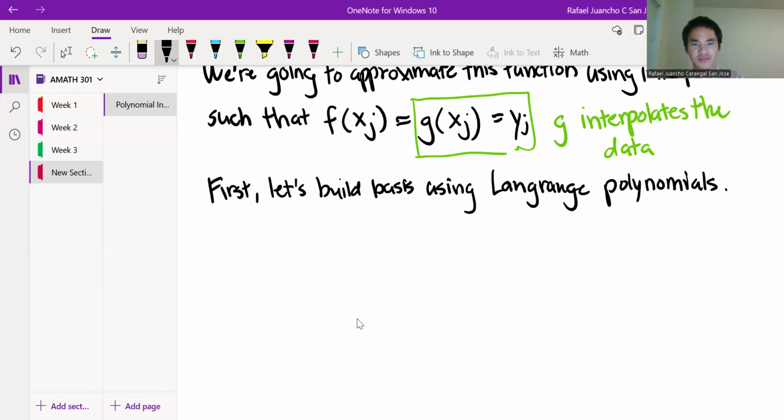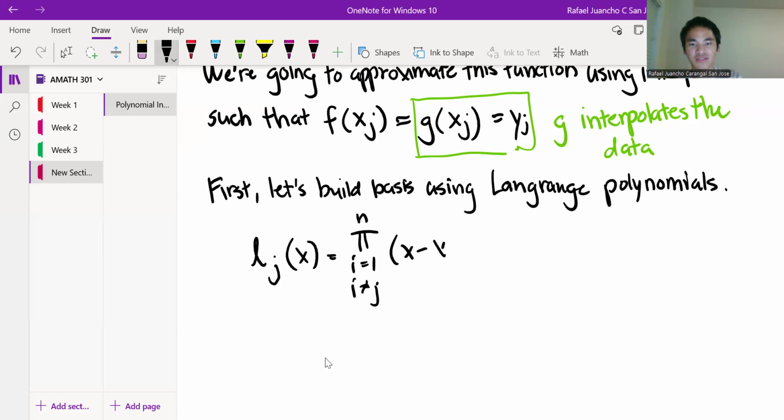So what's a Lagrange polynomial? Well, it's something used to interpolate, obviously. Let's just do it. So we have our Lagrange polynomial L_j at some x value. This is how you write it. It's that symbol, it looks like a pi, actually. It's kind of funny. i starts at 1, but i can never be j. And x, we're going to subtract some xi.